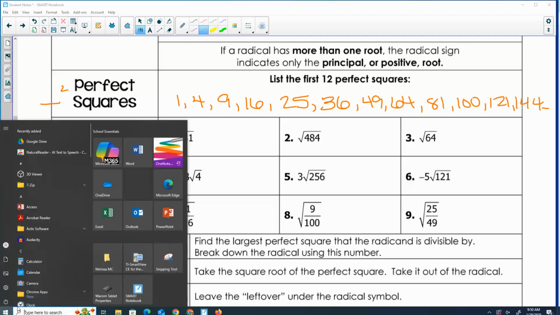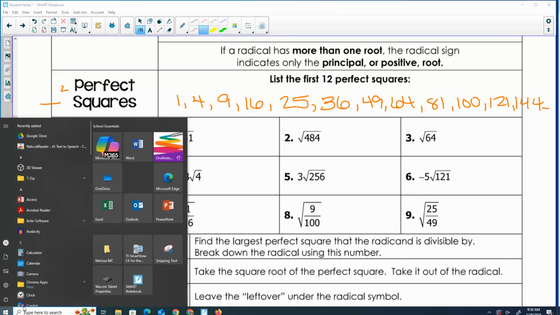And we can do square roots on our calculators.